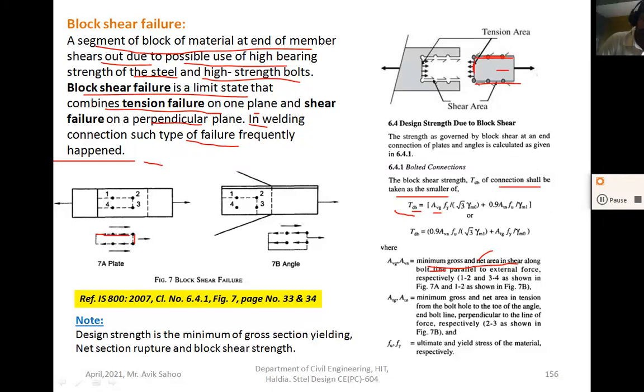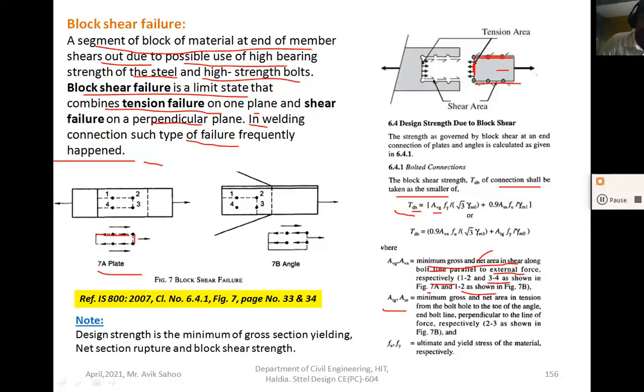So the minimum gross area and net area of the shear along the bolt line parallel to the external forces are respectively 1-2 and 3-4 as shown in figure 7a, and 1-2 as shown in the figure, and similarly Atg and Atn. So this area has to be considered the tensile area; consider the minimum gross and net area.